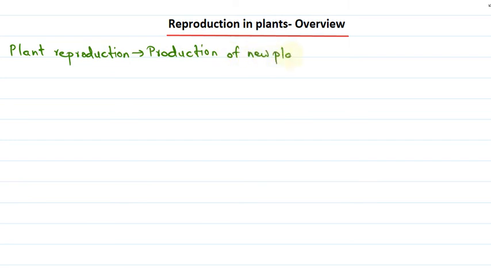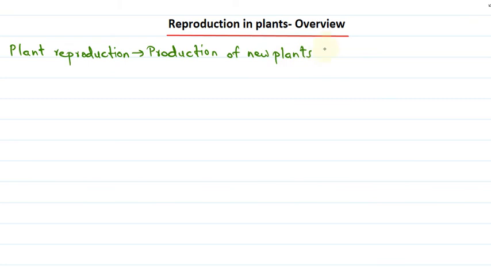So plant reproduction, what happens during plant reproduction? Plant reproduction is the production of new plants, right?